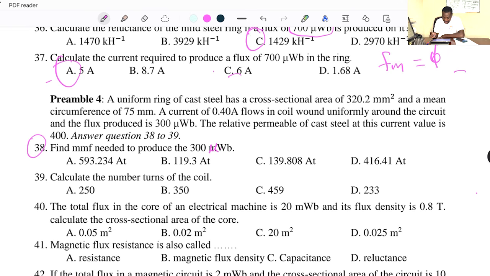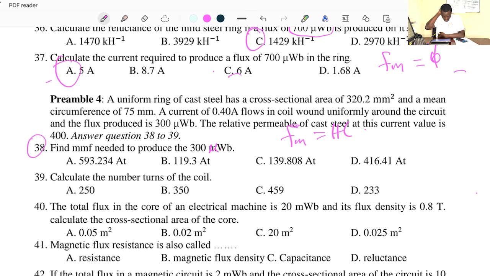Now with this, how do I find the Fm? Thinking about the formulas that I can use, we can use Fm equals HL.